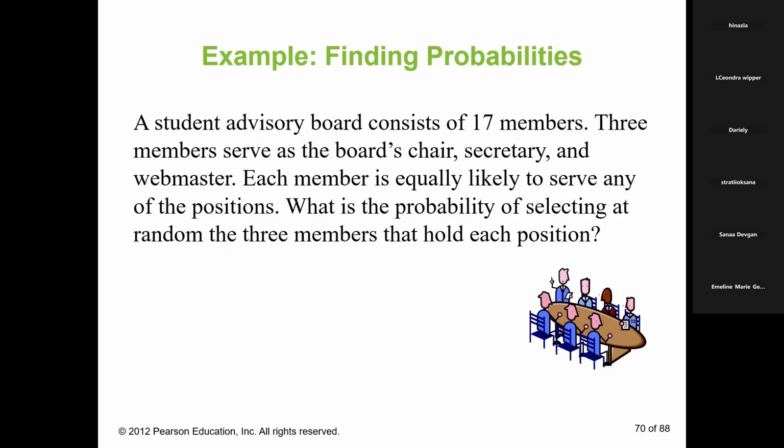Each member is equally likely to serve any of the positions. What is the probability of selecting at random the 3 members that hold each position? Okay, I don't think you can solve this problem.